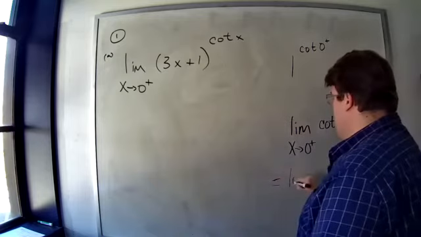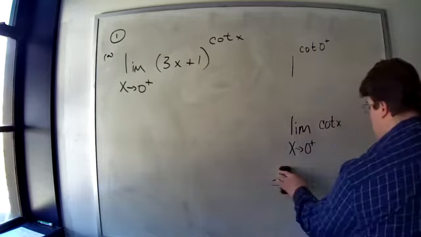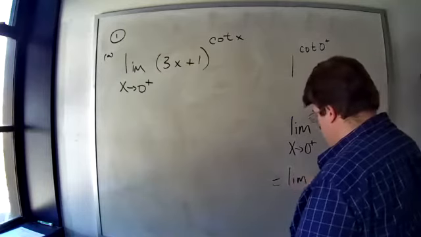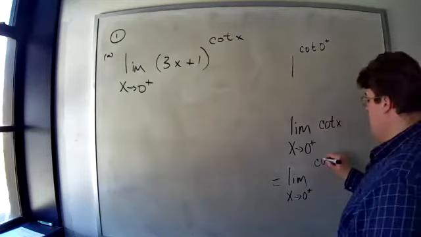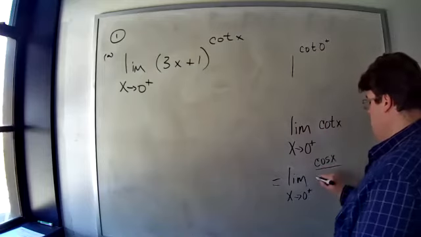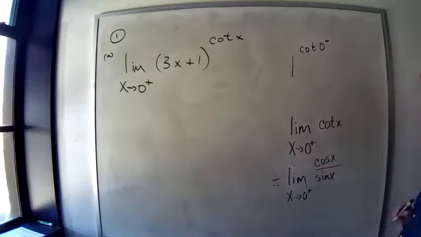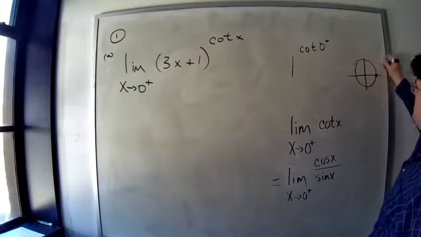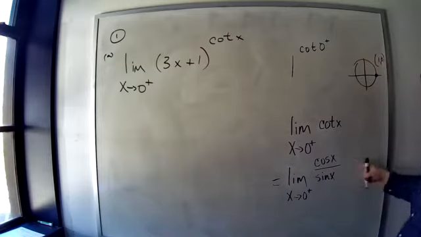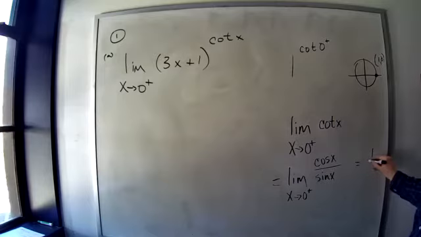Well, cotangent is cosine over sine. What happens when you substitute x equals 0 into cosine over sine? Well, you get cosine of 0 over sine of 0.